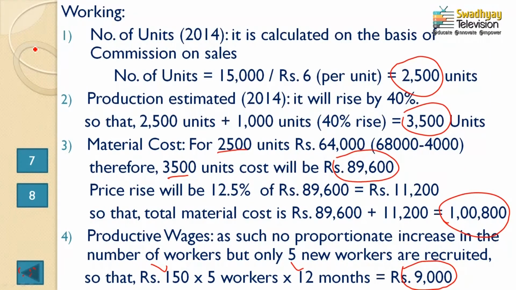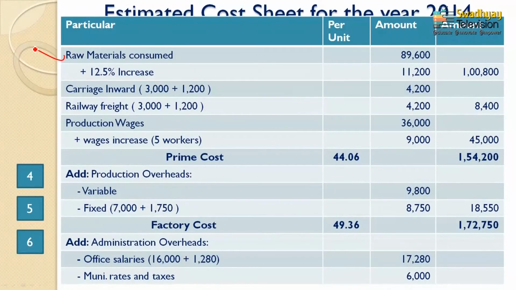This material cost would be recorded as the first item in the cost sheet, 89,600 rupees, then add 12.5% increase, that is 11,200 as per the adjustment. So the total material cost for the year 2014 is 1,08,000 rupees.